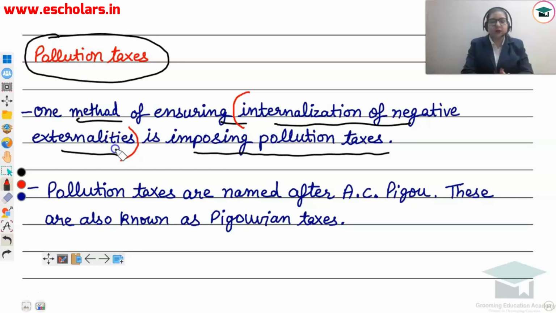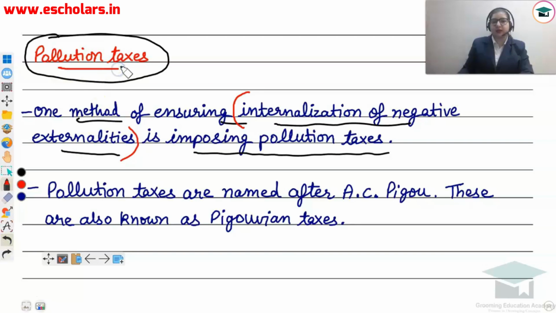This is the reason that firms are overproducing those goods which create negative externalities, because these firms are not considering the external cost involved in the production of such goods in their income statement, right? If they were able to internalize the negative externalities, then they would produce the optimal quantity of such goods.